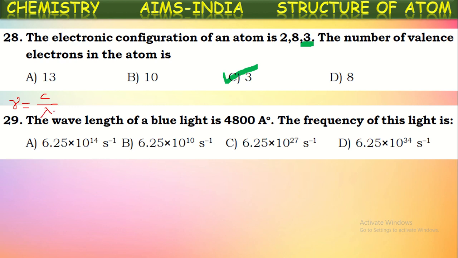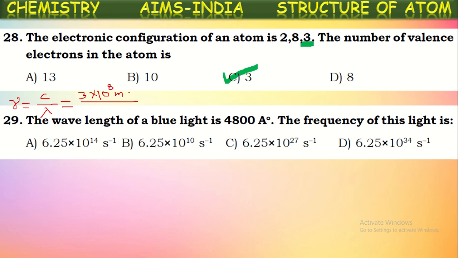They're asking to calculate frequency. They have given the wavelength lambda. If you substitute these values, here c is a constant whose value is the velocity of light. Velocity of light is equal to 3 into 10 to the power of 8 meters per second.